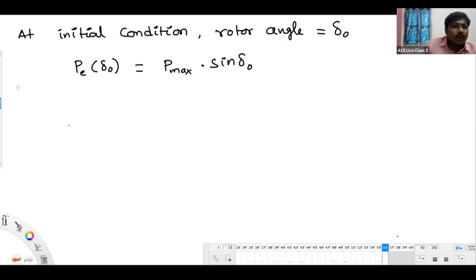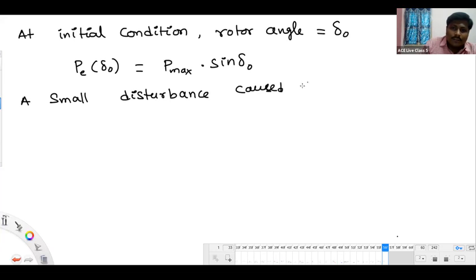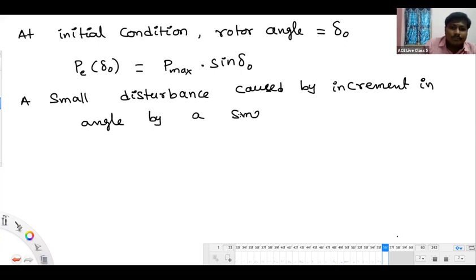A small disturbance caused an increment in the angle by a small value delta.